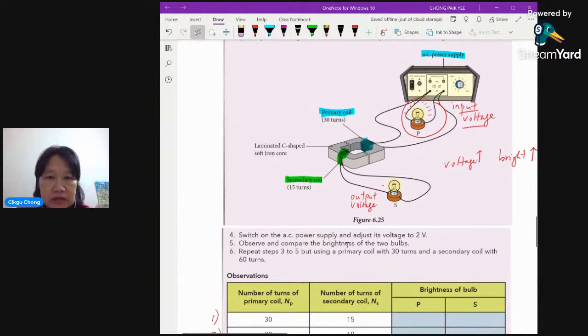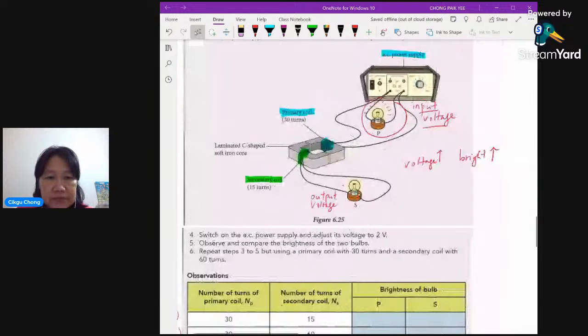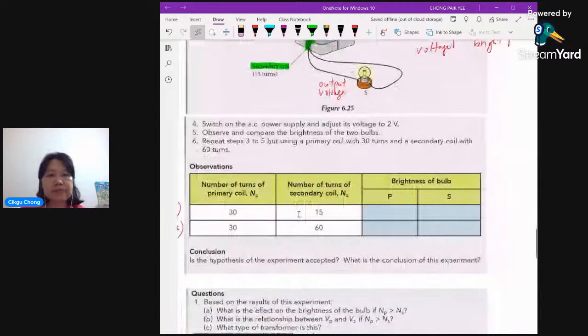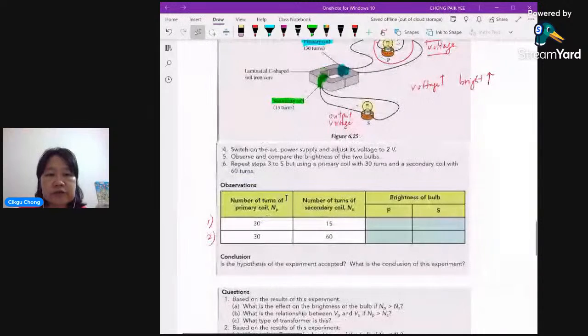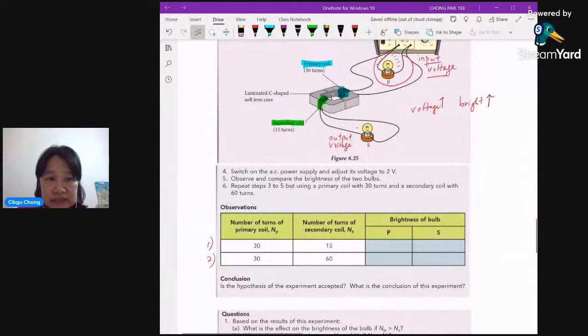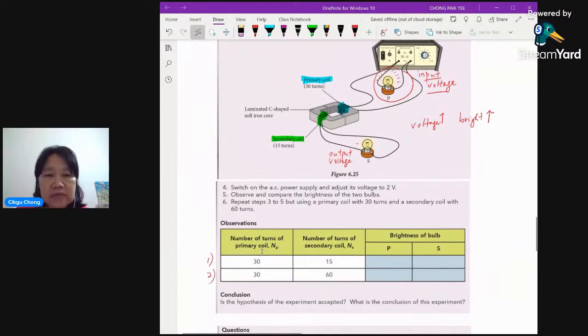Now, let's look at this one. So 2 times you do the experiment. The first one is you have to put your primary coil at 30, and then the secondary coil at 15. So now you're looking at primary coil is more, secondary coil is less.